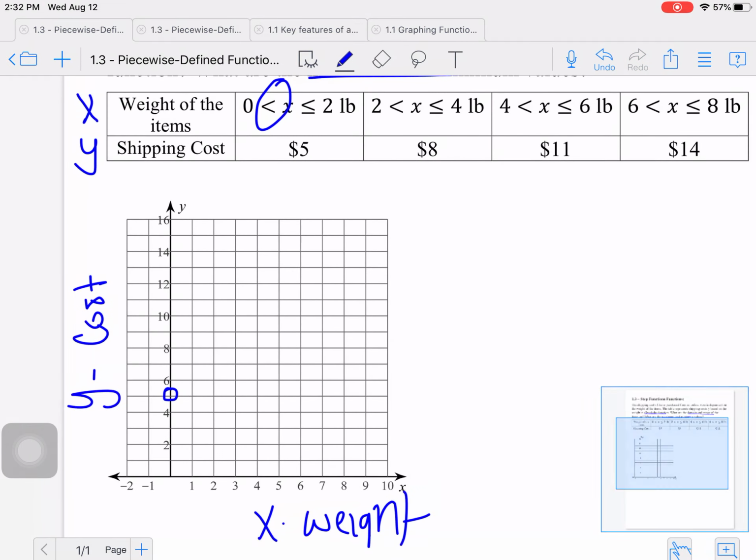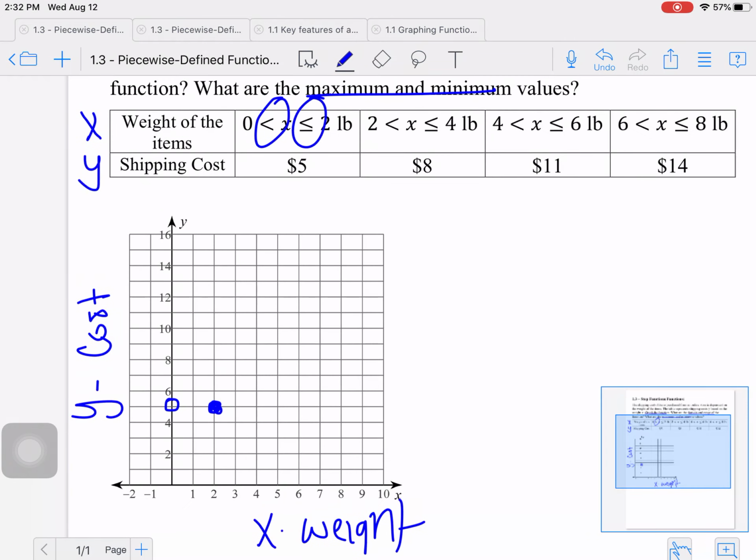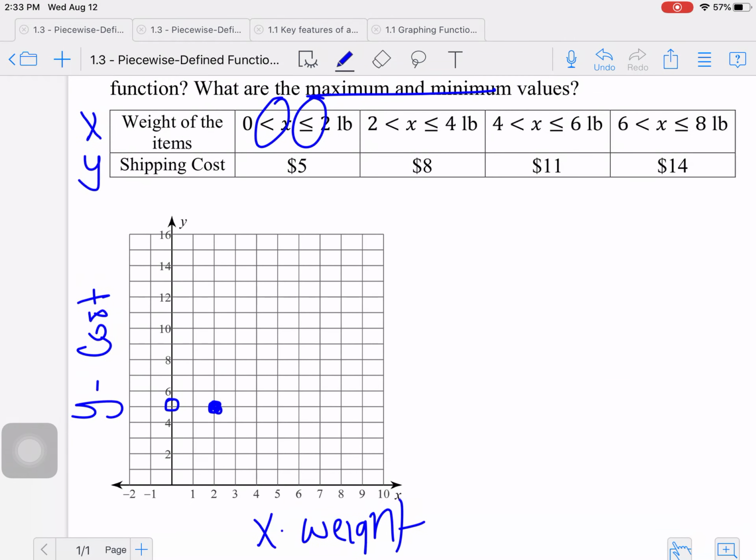And that's going to run up until 2. So at 2, I'm going to have a closed circle because 2 is actually included. So from 0 to 2, it's going to cost you $5. Okay, so there's the first piece of my step function.